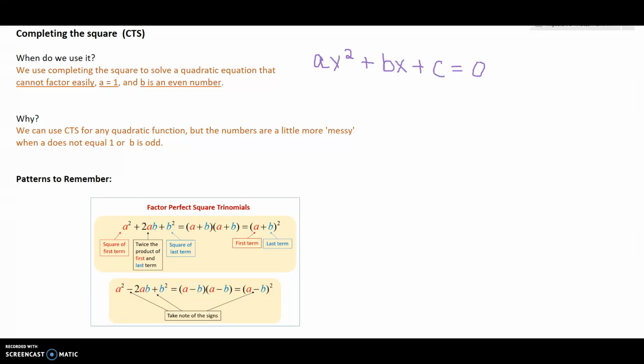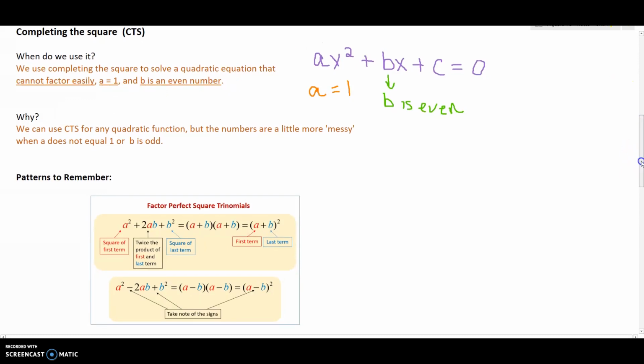So when a is equal to 1 and b is even, so 2, 4, 6, 8, and also those negatives as well. So we can use completing the square for any quadratic function, but the numbers are a little more messy when a does not equal 1 or when b is odd.